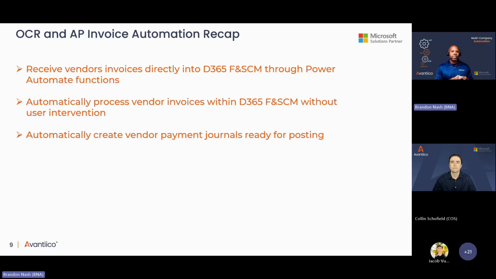We have the capability to have that invoice received to a centralized email, then have it processed within the system without us having to manage or touch it, especially if there are no errors when it gets received in the OCR. Once it gets received in the OCR, it gets processed into D365 through that vendor invoice AP automation process. Even though I had to click a couple of things and wait on some things to happen, the whole idea is that that process is going to happen on its own.